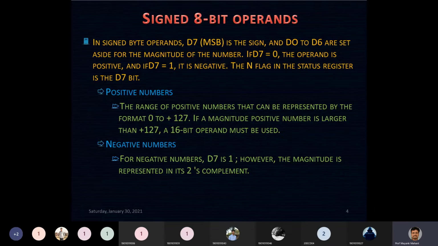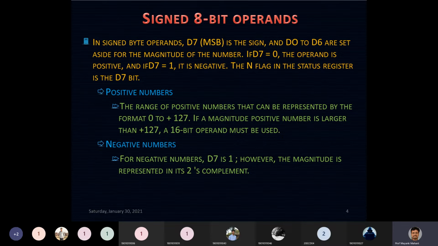So what are the positive numbers? The range of positive numbers that can be represented by this format is from 0 to +127, because we have only 256 combinations, and out of these we need to keep aside 128 combinations for negative numbers.